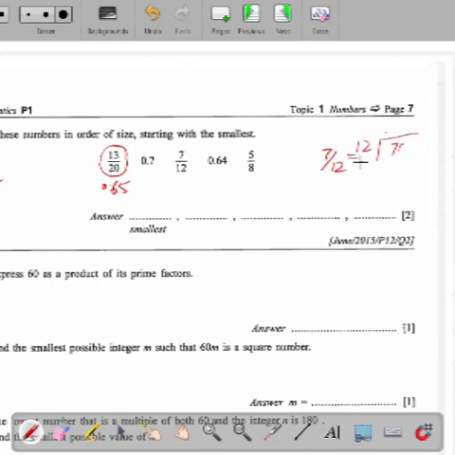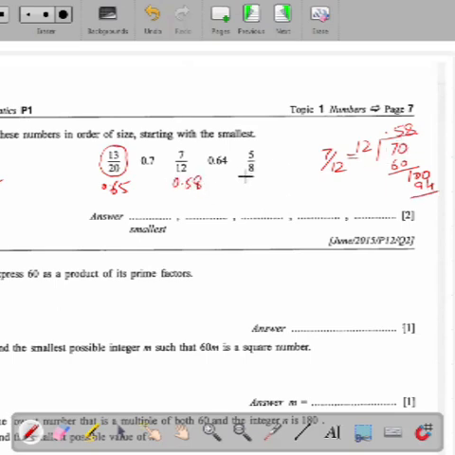For 7 over 12: 12 times 5 is 60, then 100, and 12 times 8 is 96, so I'm taking 0.58 for this one.